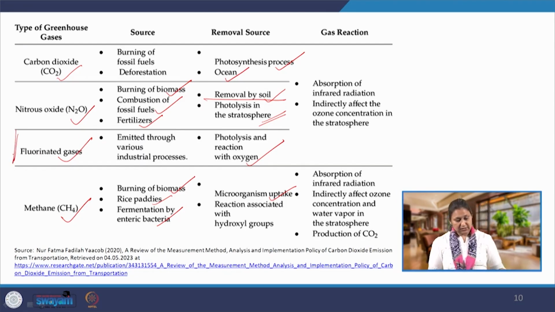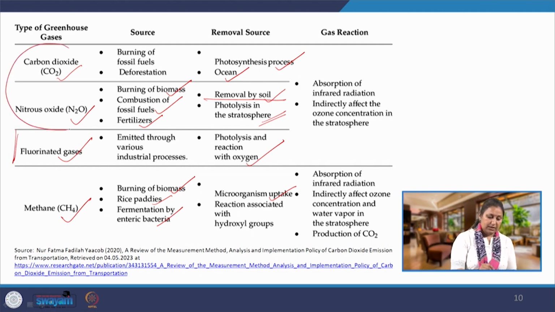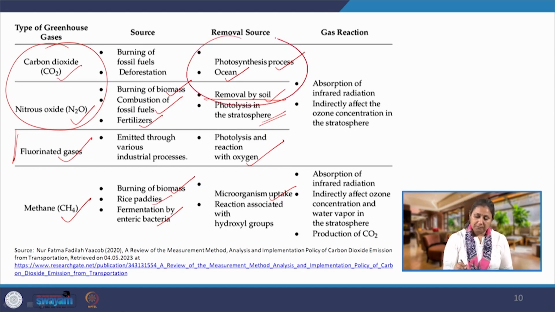So, if we look at this, what we can clearly see is that gases like carbon dioxide and nitrous oxide can be emitted easily by burning of fossil fuels and burning of biomass, but the removal is also easier through maintaining forests and oceans. That is what we can do. But as far as fluorinated gases are concerned, they are produced through industrial processes and it is difficult to remove them also.